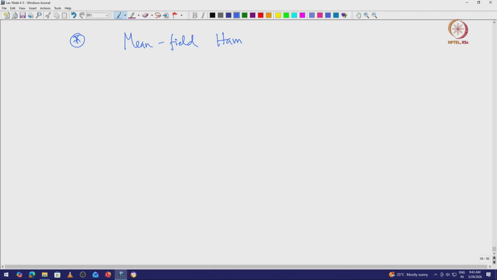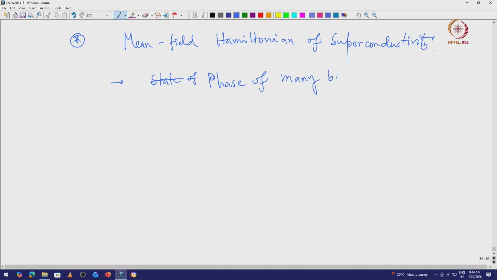Mean field Hamiltonian of superconductivity. So, superconductivity is a state of matter or phase of many body electrons.